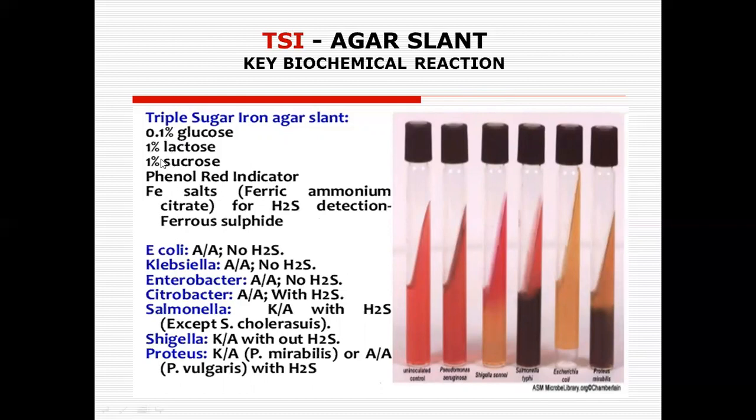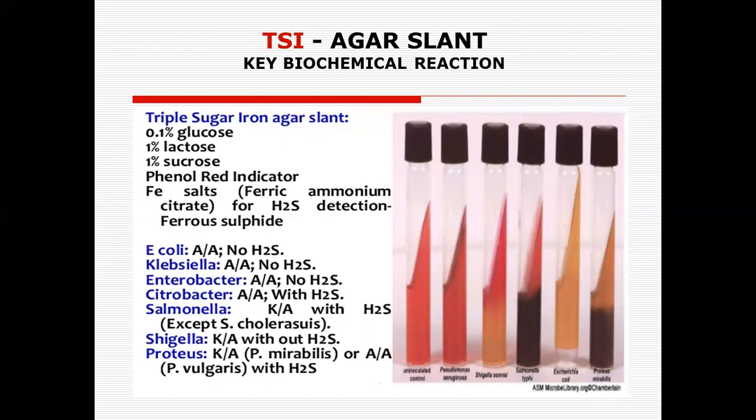This means that lactose and sucrose are 10 times more in concentration than glucose. So we have three sugars, a phenol red indicator, and ferrous sulfate, which is used to see the conversion of ferrous sulfate into ferrous sulfide.